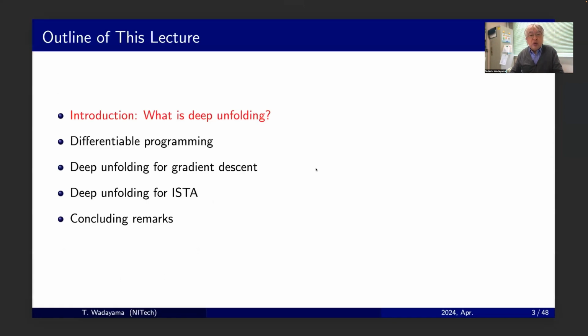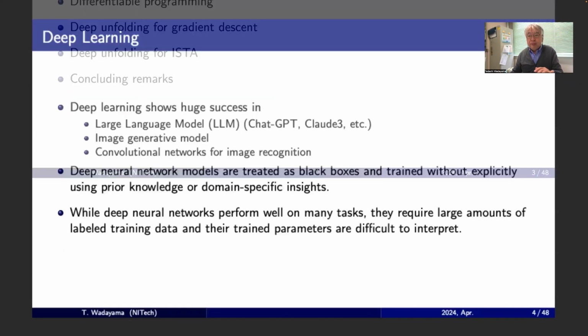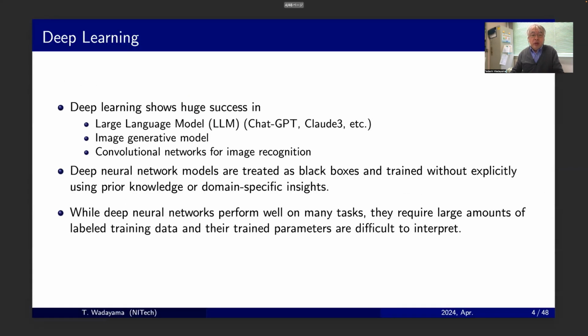Okay, let's start with the introduction to deep unfolding. You know, deep learning has shown huge success in various fields, such as large language models like ChatGPT, image generative models. There are many generative AIs nowadays, and convolutional networks for image recognition.